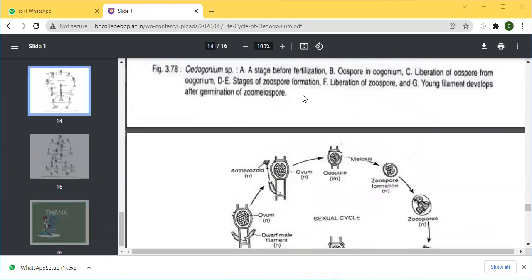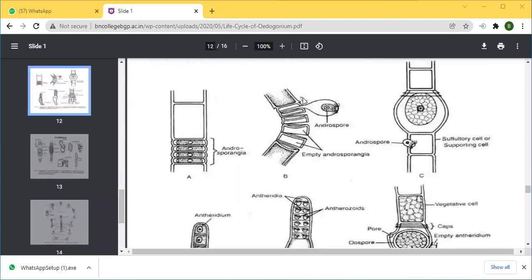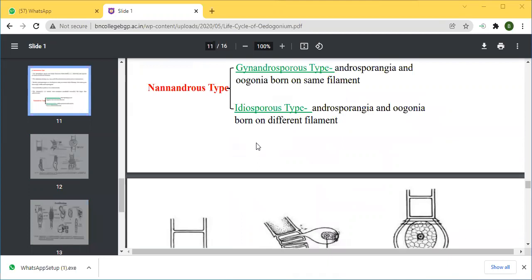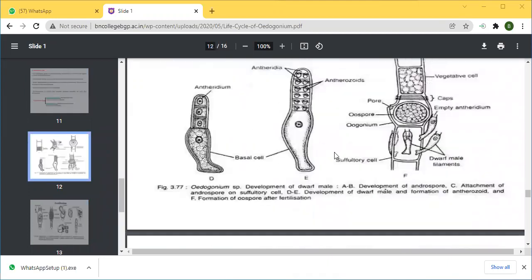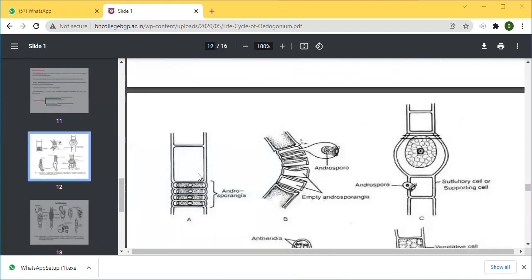Here, after this, you can observe this picture, girls. You can observe Oedogonium development of the dwarf plant. These are the androsporangia. These androsporangia produce androspores. These androspores are just like zoospores, but the size is different.